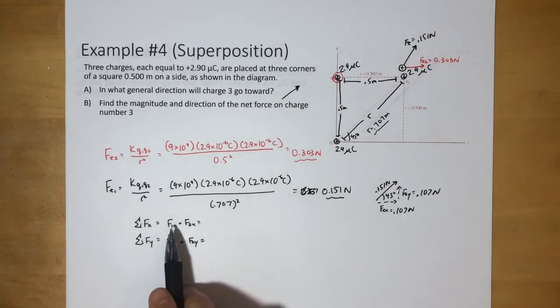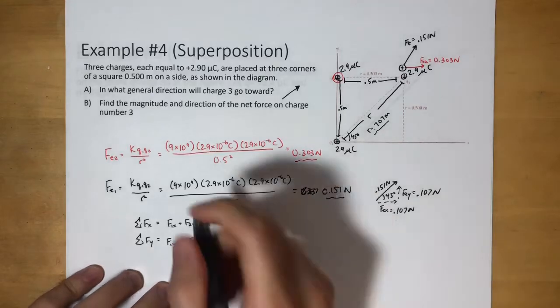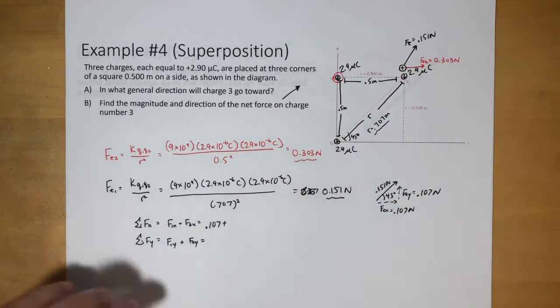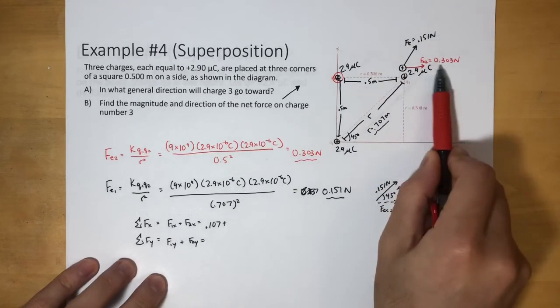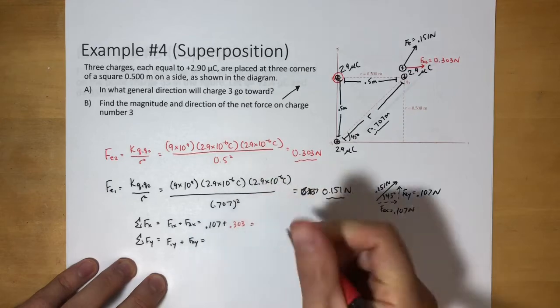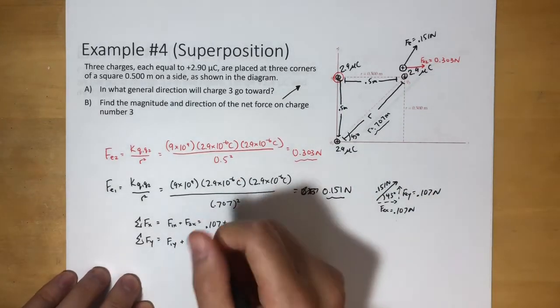So now when it says F1 of x, I know that F1 of x is equal to 0.107 plus F2 of x, and I see that this one in the x direction is 0.303. I'm going to do that in red, 0.303. And F1 of y, that's going to be 0.107 again.